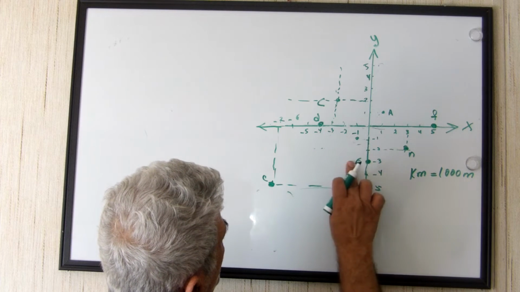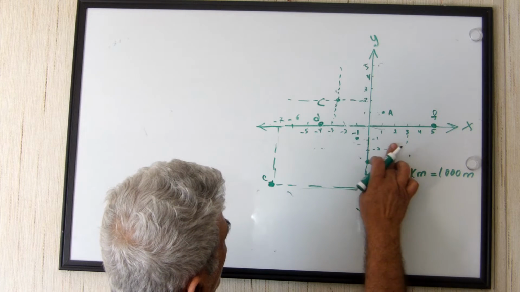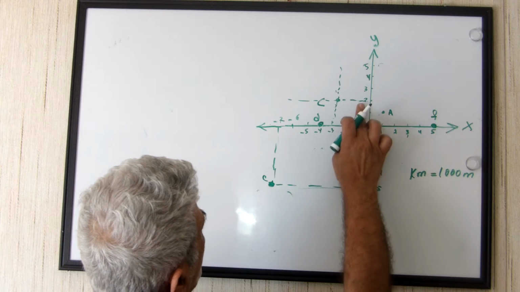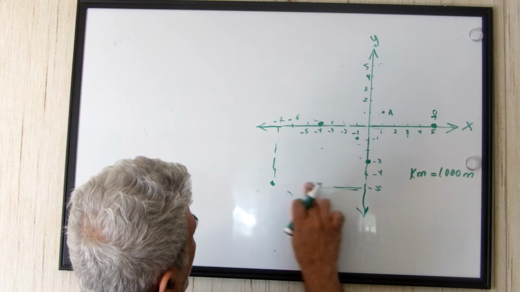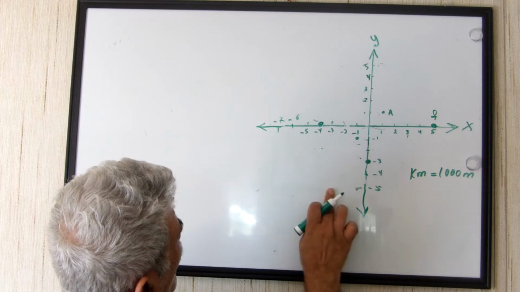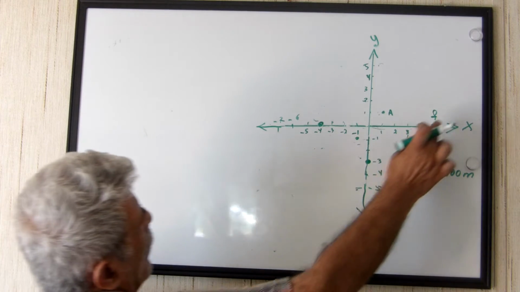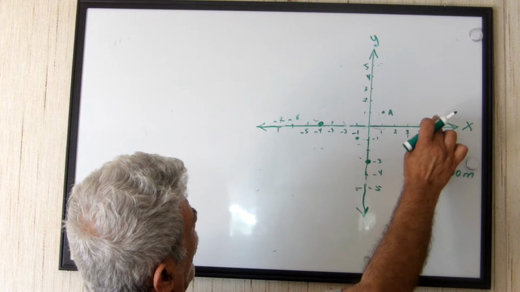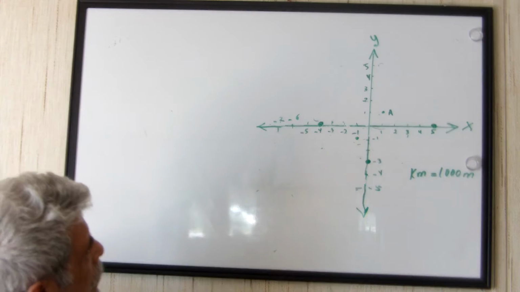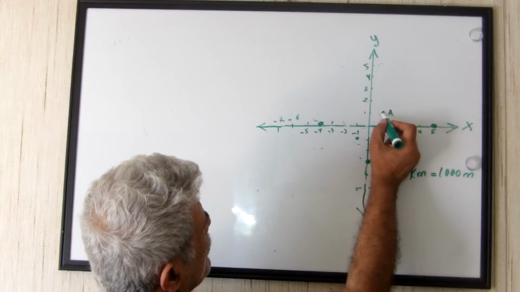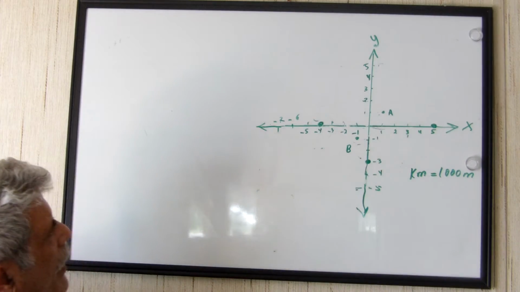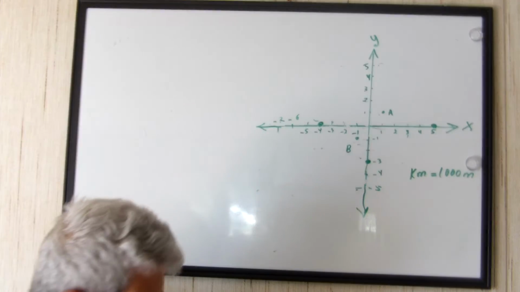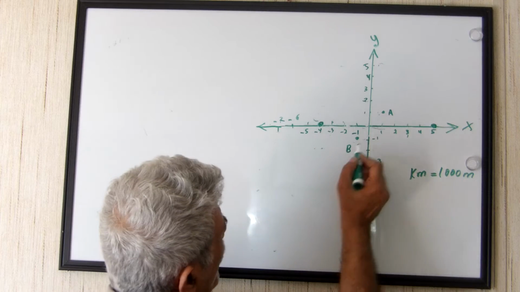We clear all these points. Let's keep these. This is B. You have a point here and a point here.